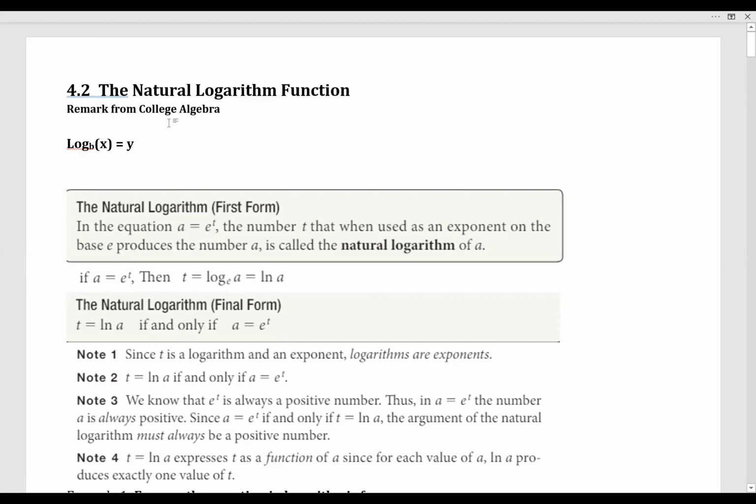First thing, the logarithm function is in the form log base b of x equal to y.